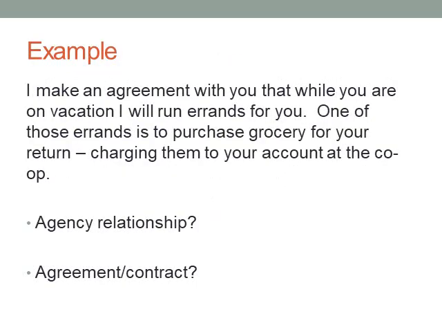I make an agreement with you that while you are on vacation, I will run errands for you. One of those errands is to purchase groceries for your return and charging them to your account at the co-op. Is this an agency relationship? It is. We have a principal, we have an agent, and I am binding you to pay for the charges that I made on your account at the co-op.